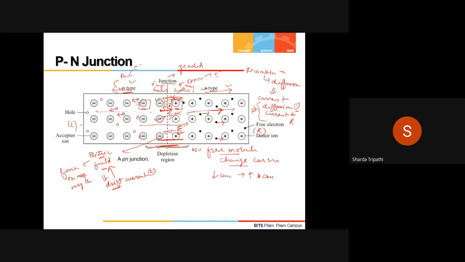And in the absence of any external voltage applied, the sum of diffusion current and drift current will always be equal to 0. If there is no external voltage applied, then no net current flows through the PN junction. So we say that the diffusion current and drift current should be equal and opposite in that case.